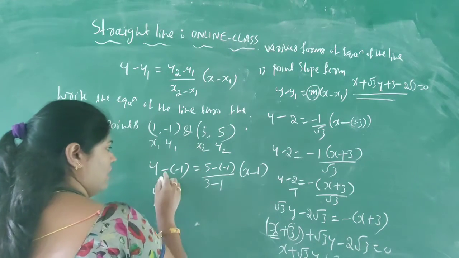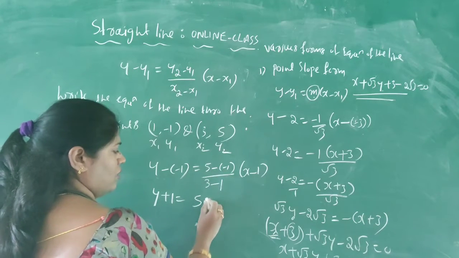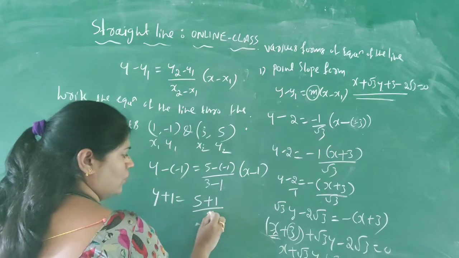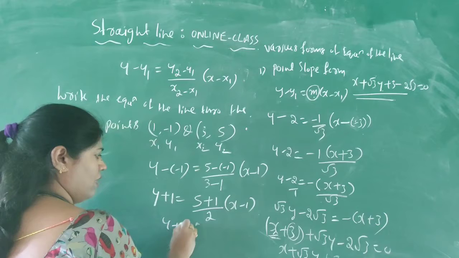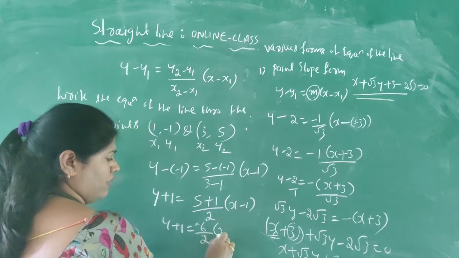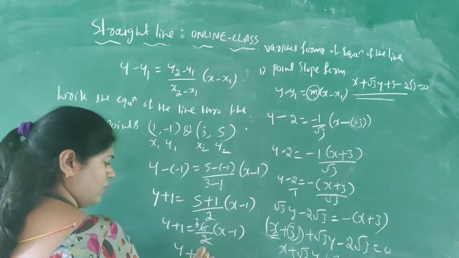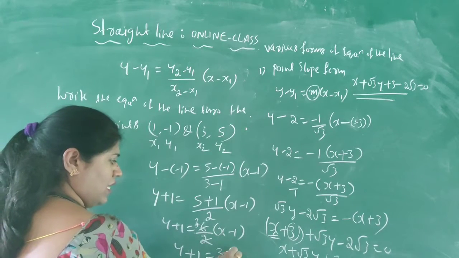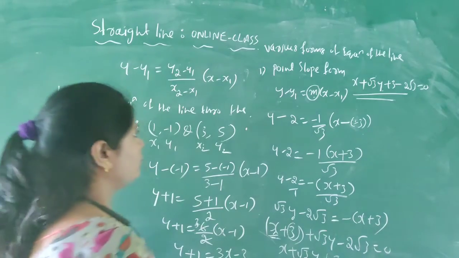So y minus of minus 1 is plus 1, 5 minus into minus is plus 1, and 3 minus 1 is 2, of x minus 1. So y plus 1 is equal to 6 divided by 2 of x minus 1. Two ones are 2, 2 threes are 6. y plus 1 is equal to 3 of x minus 1, which is 3x minus 3.